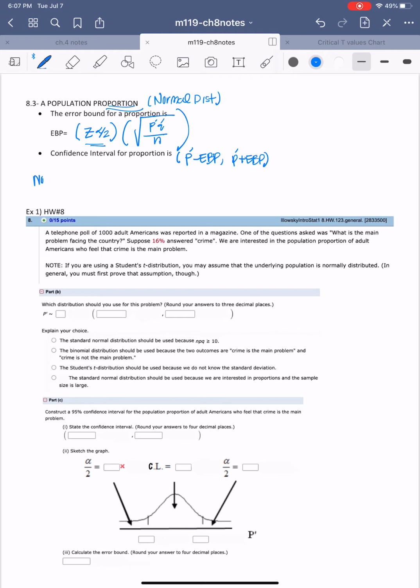Note the underlying distribution is a binomial distribution. And then recall that p hat was calculated as x over n, right? Probability of success. But we will follow a normal distribution.